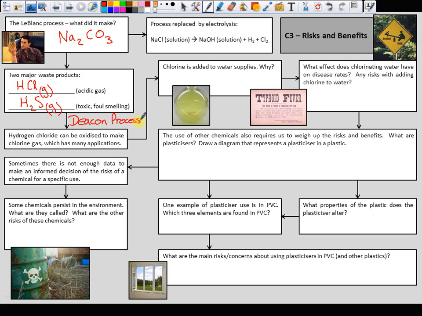Okay. Chlorine is added to the water supplies. Why would we add chlorine to water supplies? Well, it makes it cleaner. So it cleans it. And it cleans it by killing microorganisms and it removes some of the bad smells.